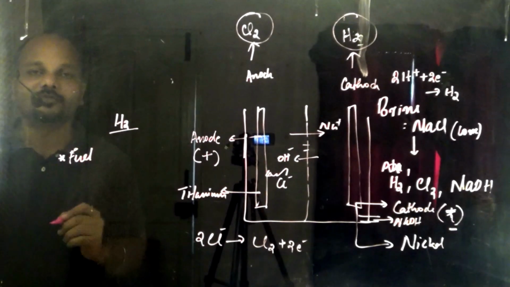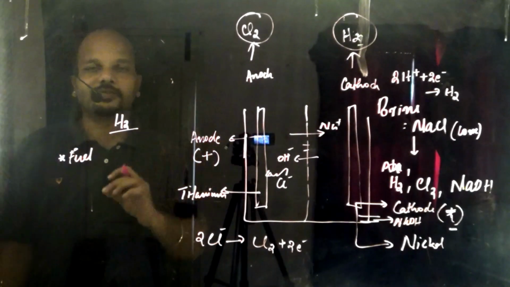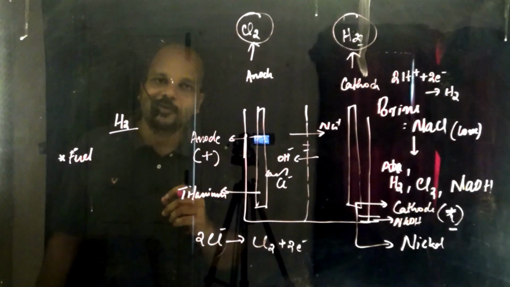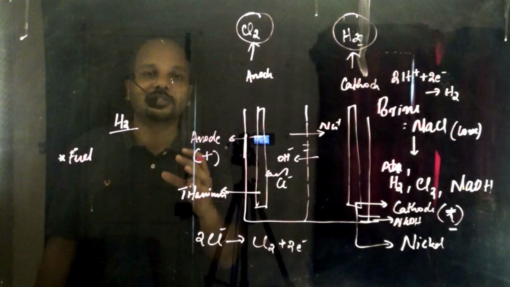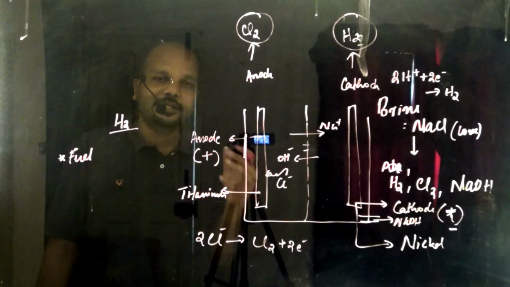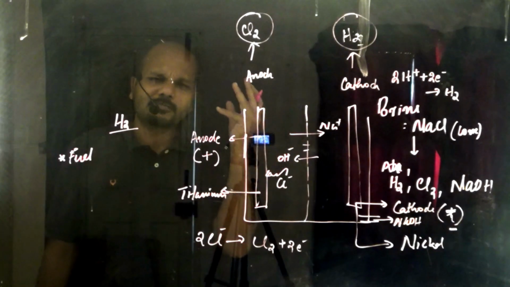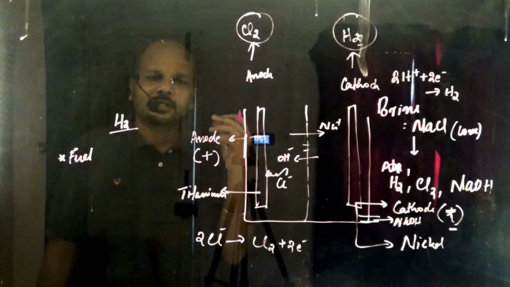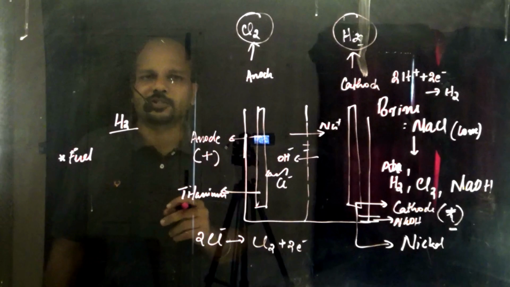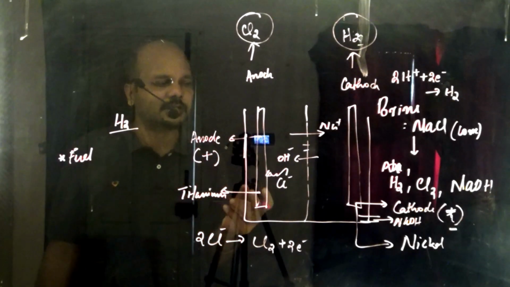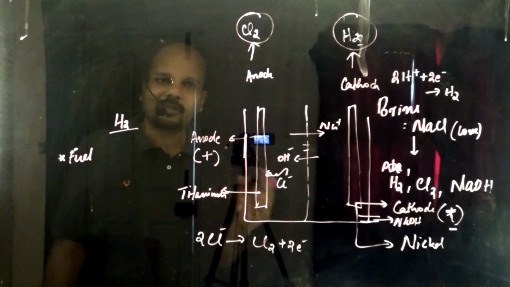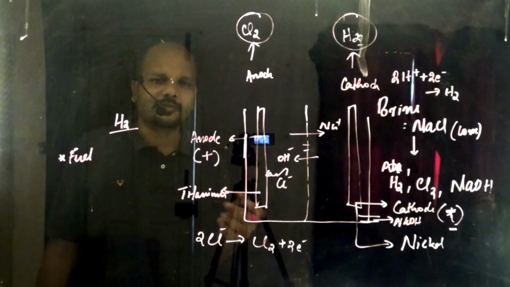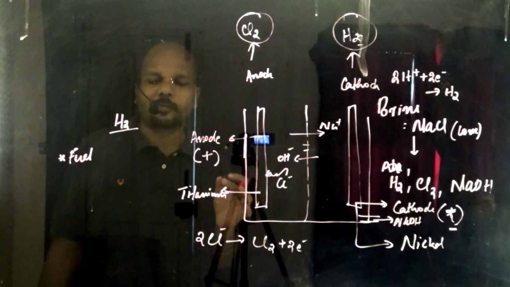In the global scenario, hydrogen is one of the well researched areas. Over the past 10 years, most countries have funded heavily the production of hydrogen, mostly through electrolysis or through other methods like pyrolysis.